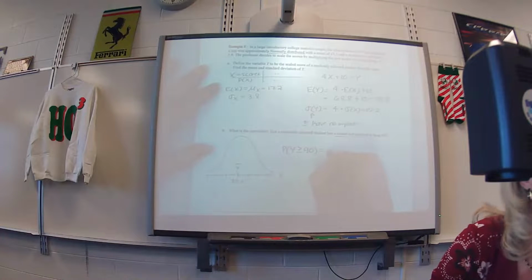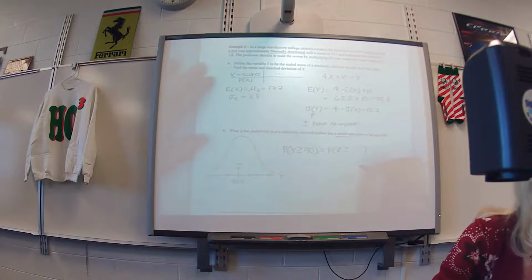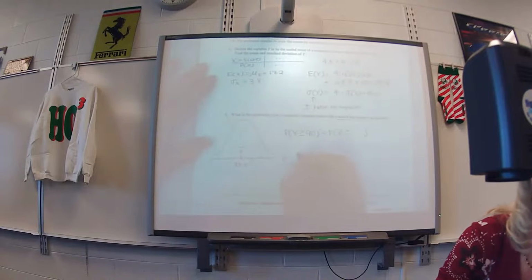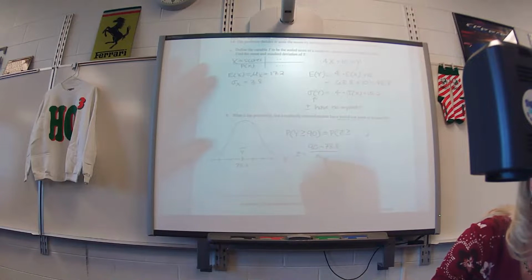I'm going to convert that to a z-score because it's a normal distribution. Do we have the z-score formula memorized yet since chapter 2? A z-score is always the value you're trying to convert, minus the mean, divided by the standard deviation, which is 15.2.